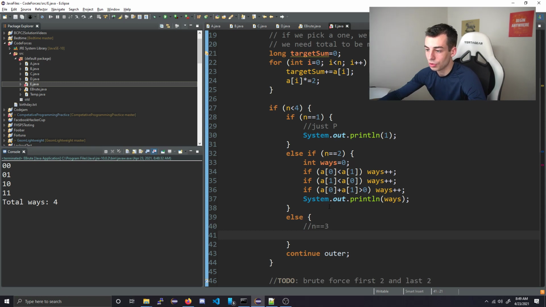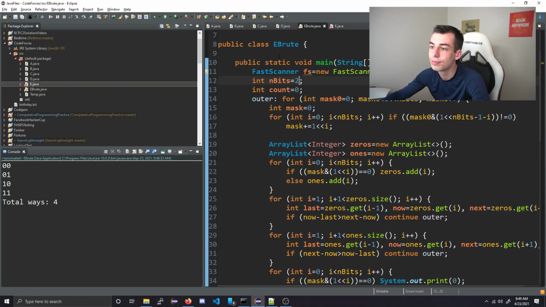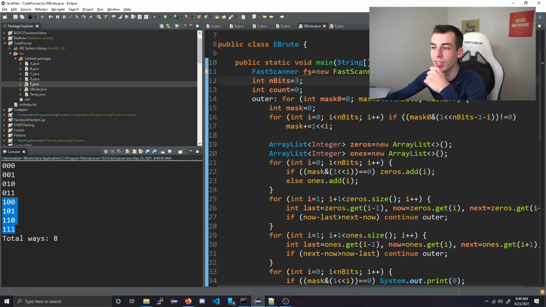So otherwise, if n equals 3, we have all of the things. Yeah, they're all of them.